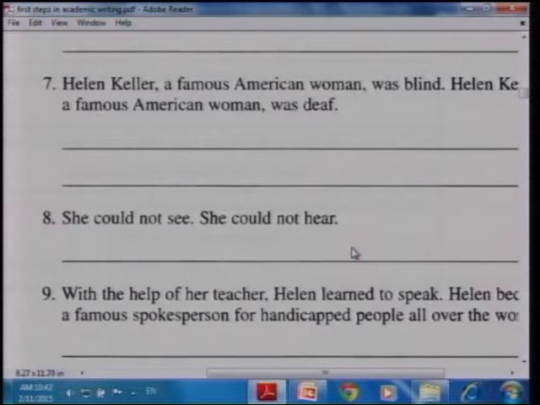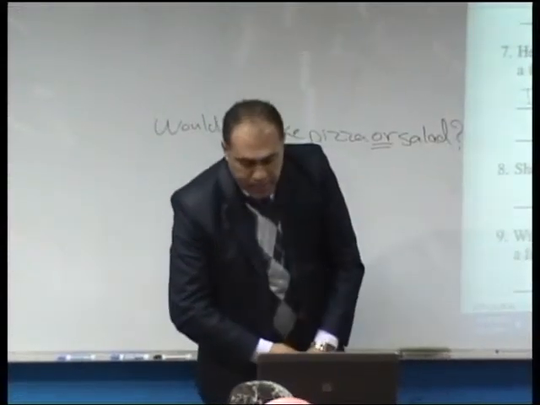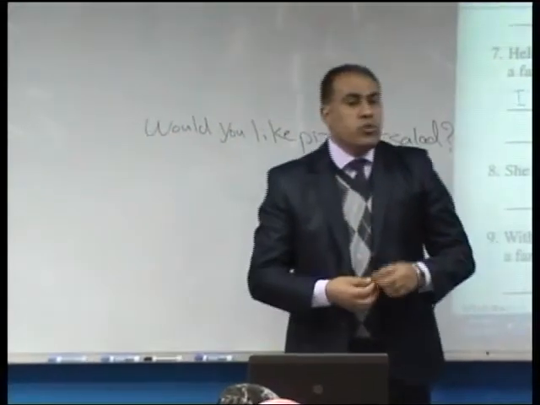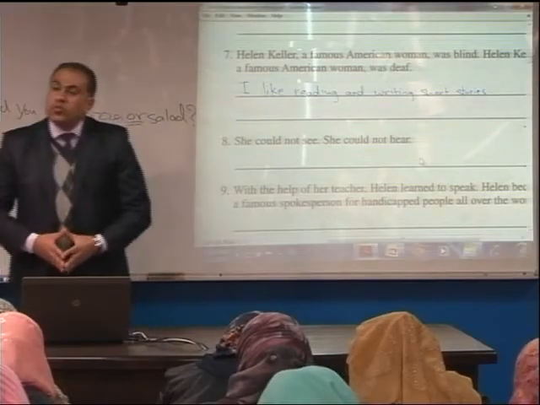Example 1: I am a man. I am famous. It becomes: I am a famous man. That's easy. Number 2: I have white hair. I have a long white beard. Becomes: I have white hair and a long white beard. So we can also use "and" to join two sentences.